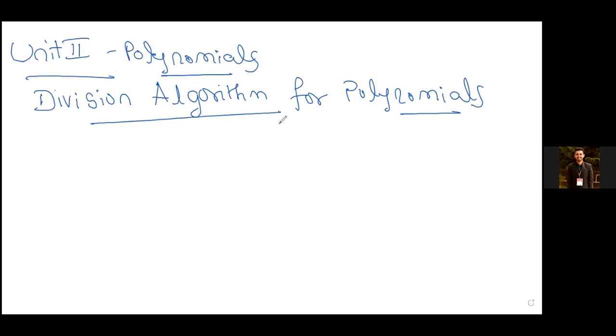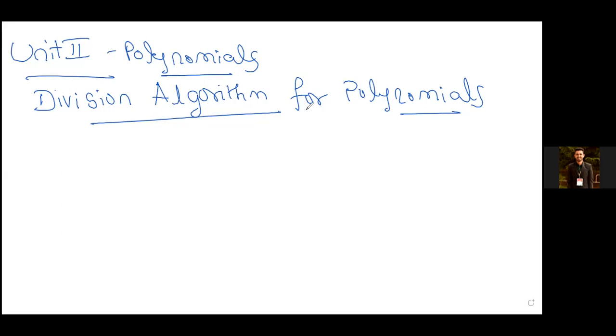In the previous unit, that is in real numbers, we have discussed division algorithm that is given by Euclid, right? Euclid's division algorithm. That is in the case of real numbers. There is a division algorithm in the case of polynomials as well.